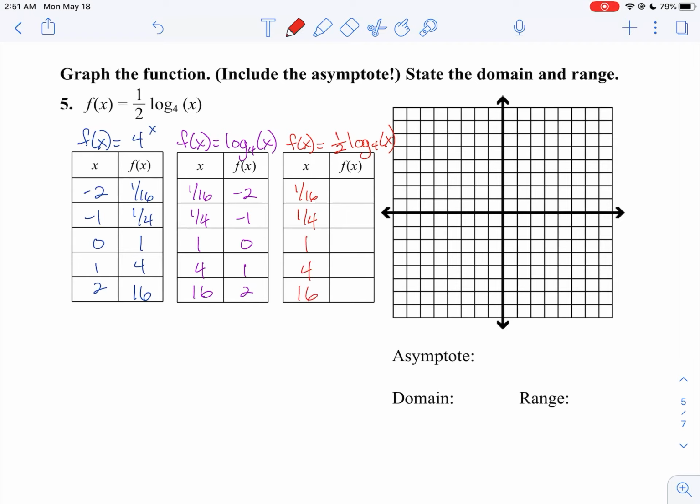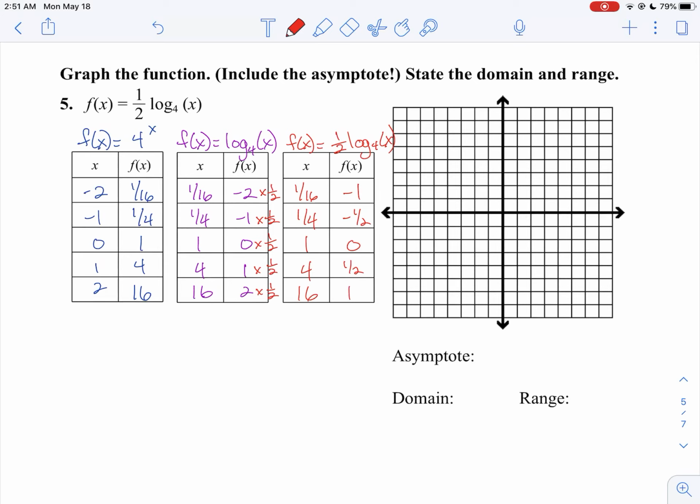But now my y values are all going to multiply by half. This is a vertical shrink by a factor of 1/2. So my y values are going to become half as tall. And so my new y values would be -1, -1/2, 0, 1/2, and 1.